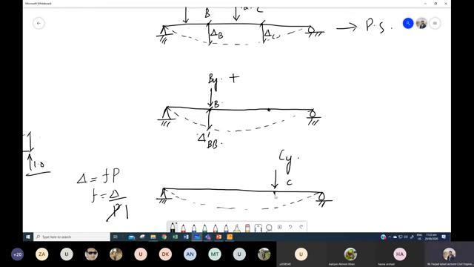And due to this Cy force, we will have this deflection at this point, delta dash CC.